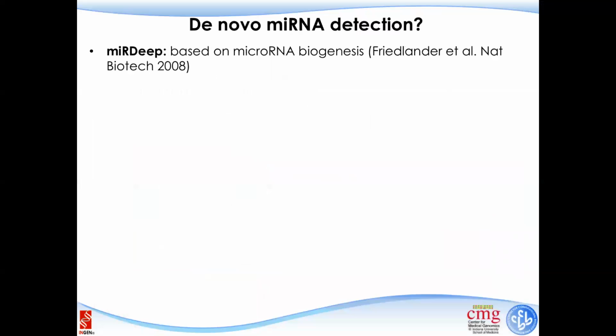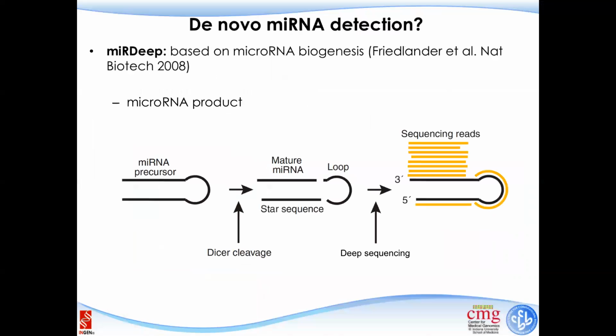It's different from de novo detection of alternative splicing, where the key structure is the splicing junction and detection is kind of straightforward. The key point to identify microRNA is the hairpin structure, based on what we know from the precursor to the mature microRNA.